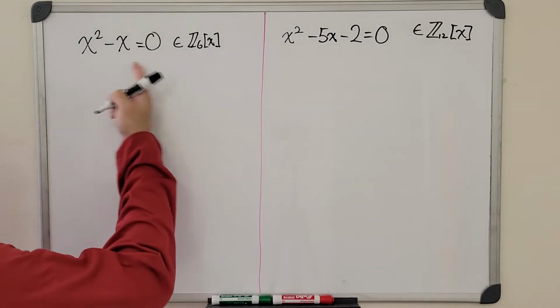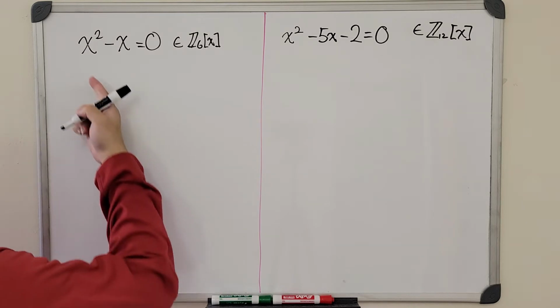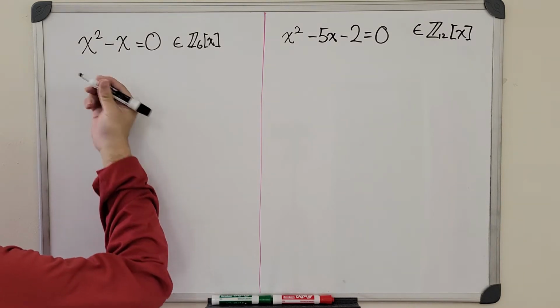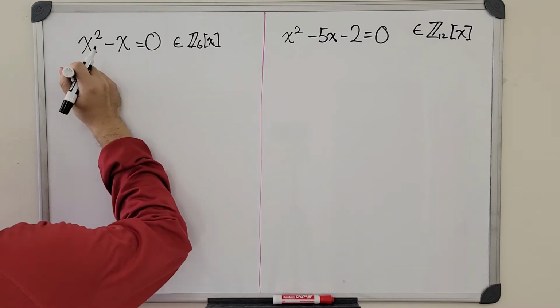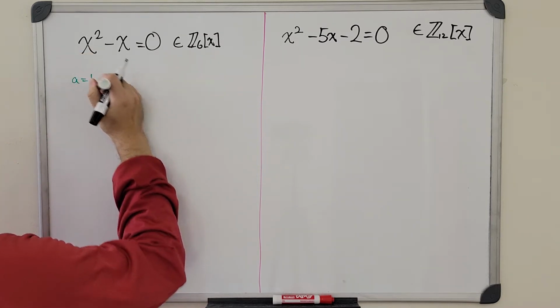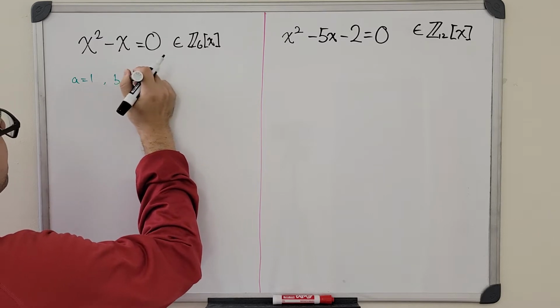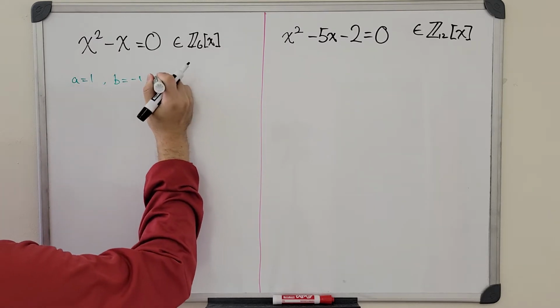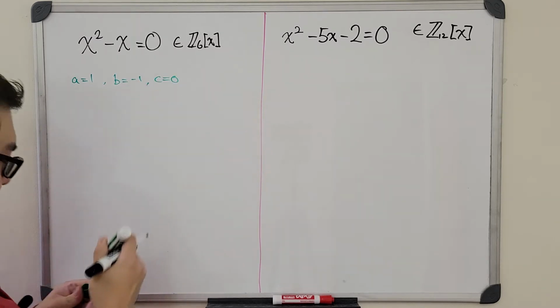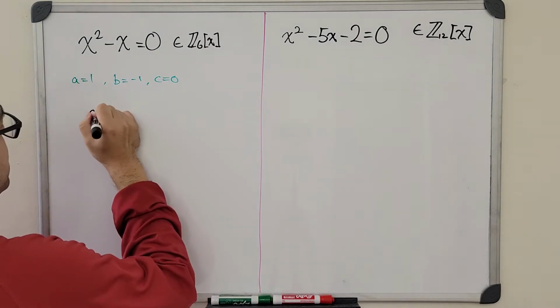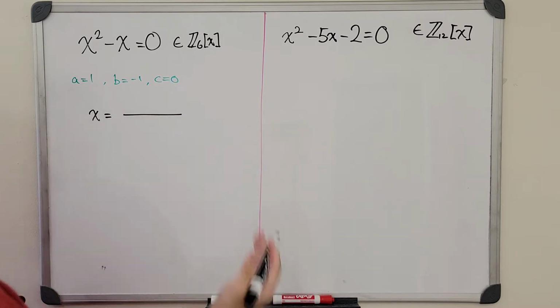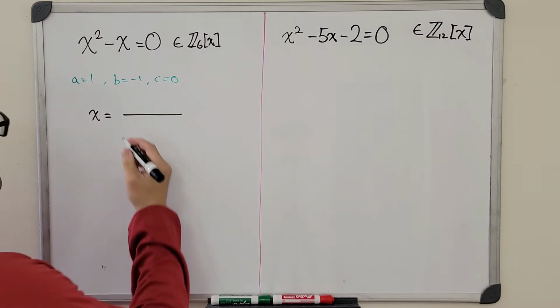According to the quadratic formula, our leading coefficient A is just equal to 1, B will be -1, and C is of course equal to 0.